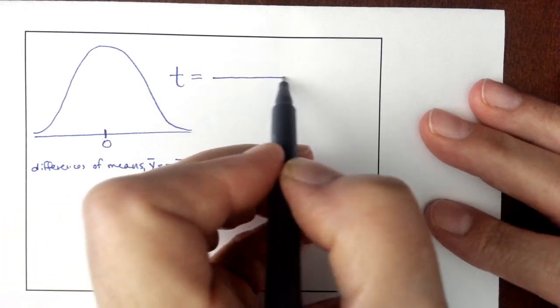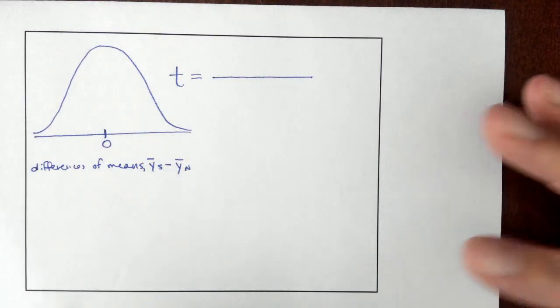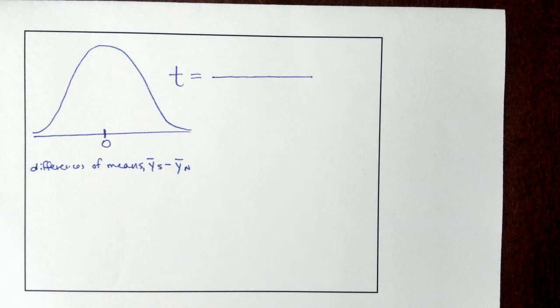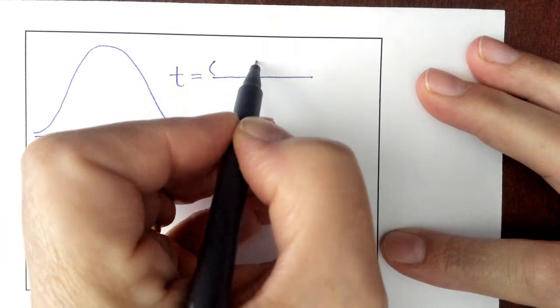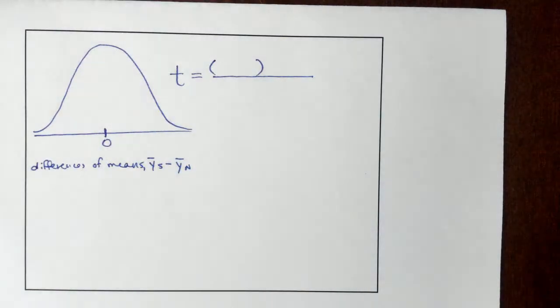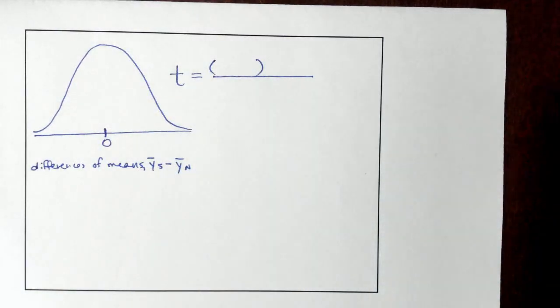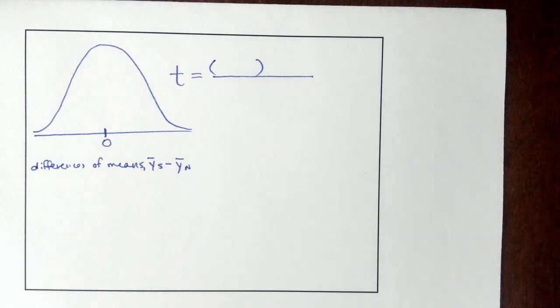So I have a formula for a t-score. We start with the difference in the observed means. So that's the y bar 1 minus y bar 2 that we had in the first part of the confidence interval. I don't know that yet because I've not crunched any numbers. Oh, yeah, I do. I do know the means.